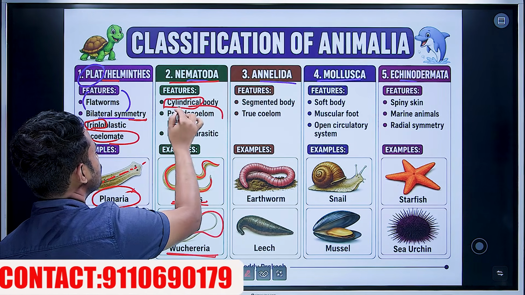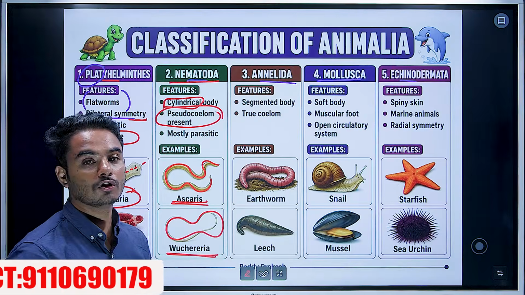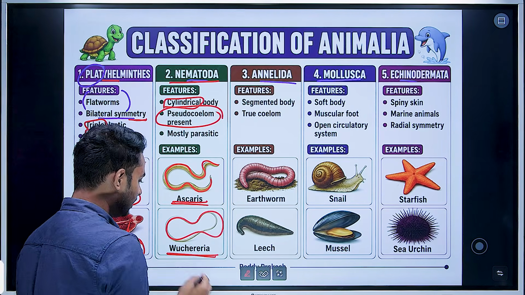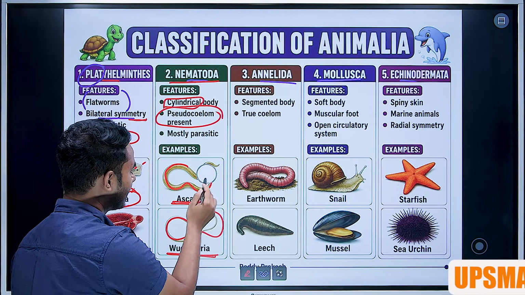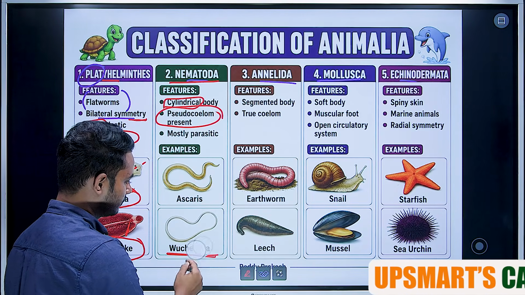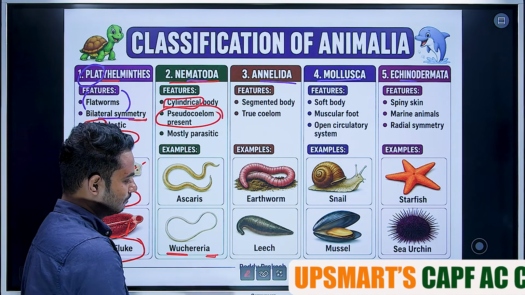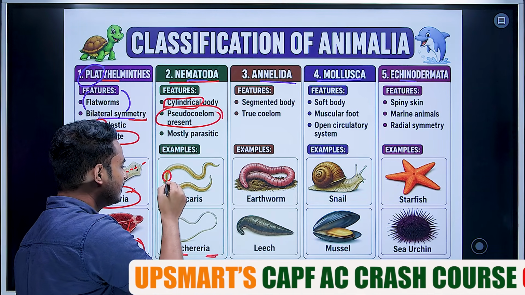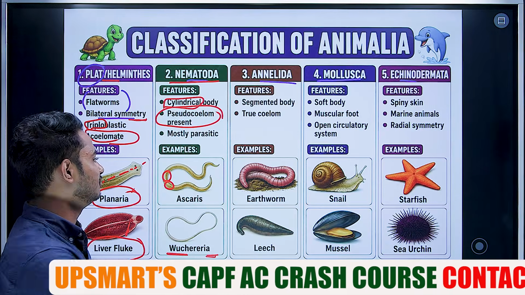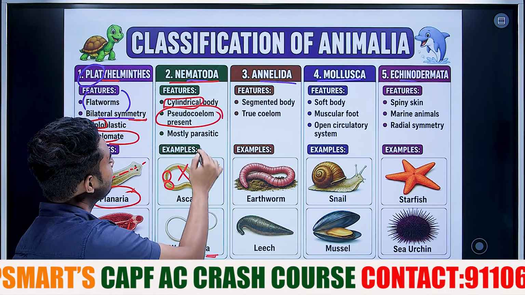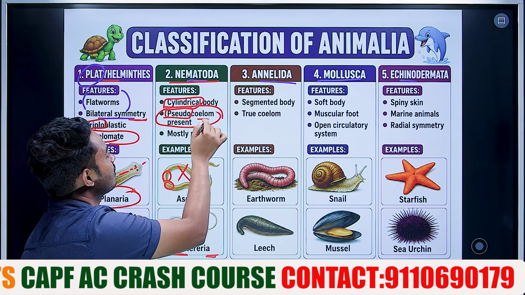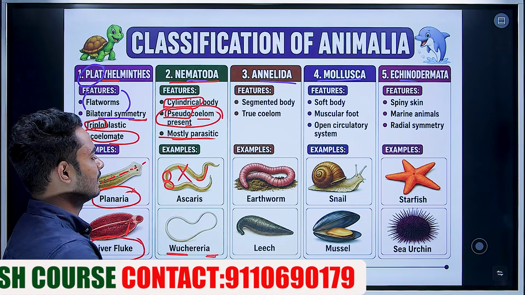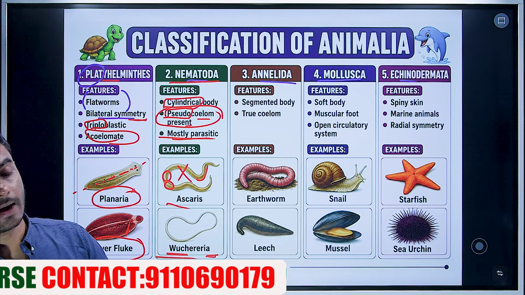These will have a pseudocoelom. Pseudocoelom means false cavity. Now you see them, it seems like they are fat. It seems like they have a cavity within them. It seems like that, but they actually don't have it. So they named it pseudo, false coelom. And these are mostly parasitic, which I told you already. Examples are Ascaris and Wuchereria.